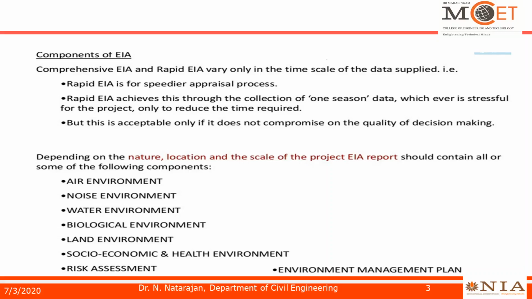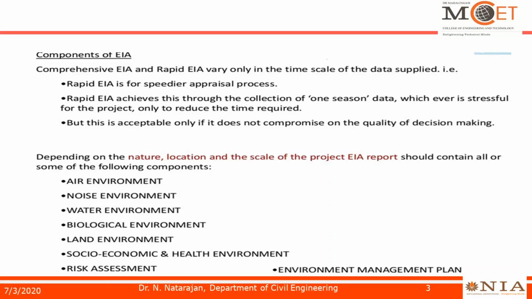In the comprehensive EIA, we are not in a hurry to take a decision, so the process goes in a gradual way, where we collect data of different parameters, evaluate them, identify the impacts, and propose a mitigation plan and environmental management plan, and so on.